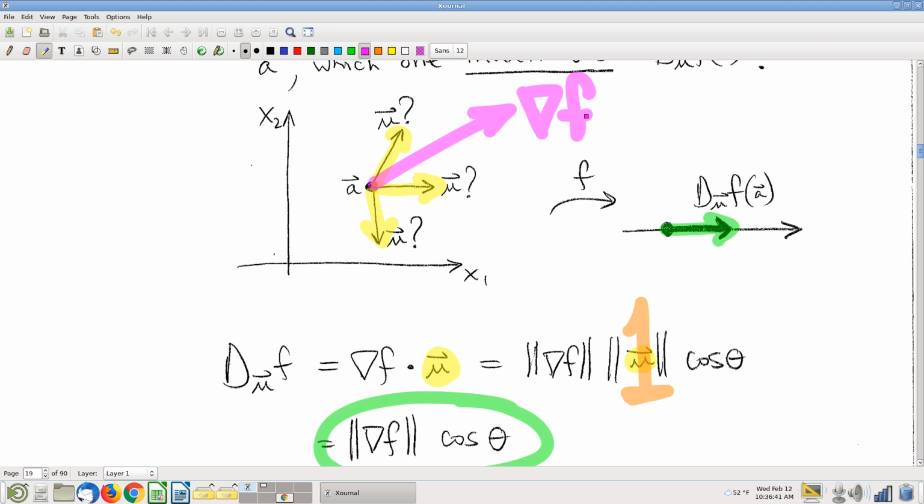Well, notice, as I consider different unit vectors, the gradient vector isn't changing. The gradient vector only depends on where we're at. And we haven't answered the question of which way we're going yet, so we haven't really started moving yet. We're at the same point, considering all these different unit vectors. So the gradient vector is fixed. So this thing right here, the magnitude of the gradient vector, is a great big constant.